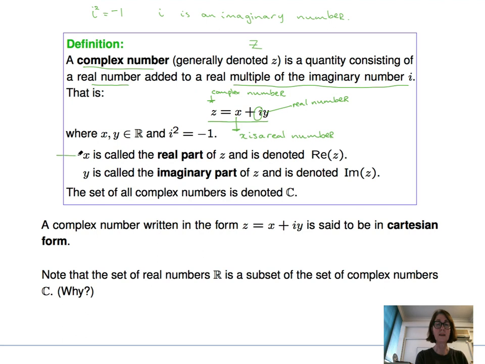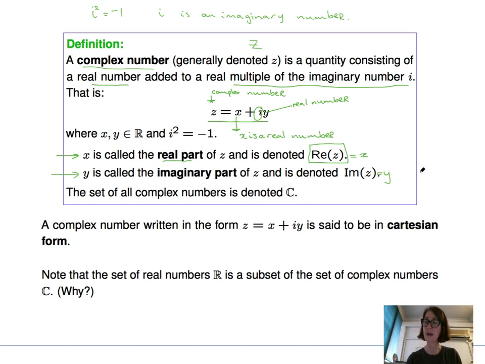So x is called the real part of z, and y is called the imaginary part of z, and we denote it in this way. The real part of z is equal to x, and the imaginary part of z, which we call Im of z, is equal to y.